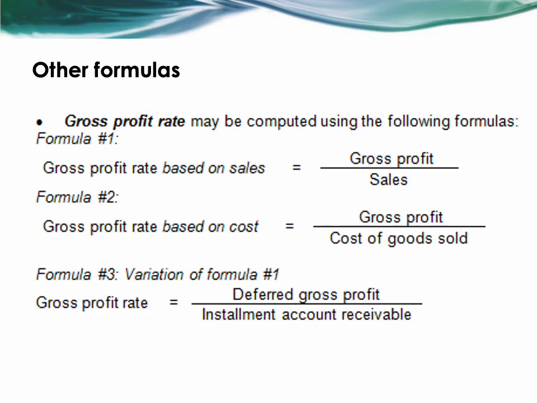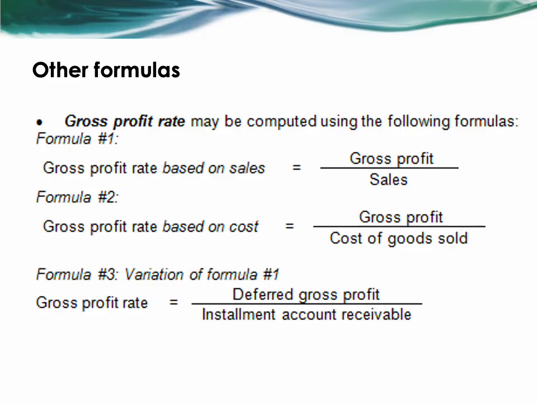To apply the main formula, we first need to compute the gross profit rate. Okay? We have three ways to look at this. Formula number one is based on sale. This is the most common. It is simply gross profit divided by sales. Formula number two is based on cost. This is less common, but still used.